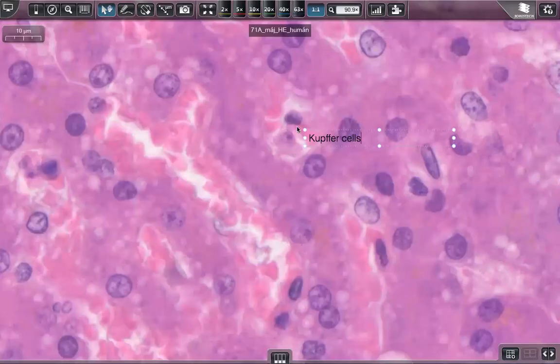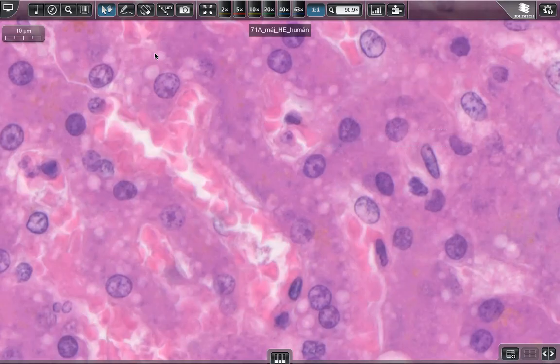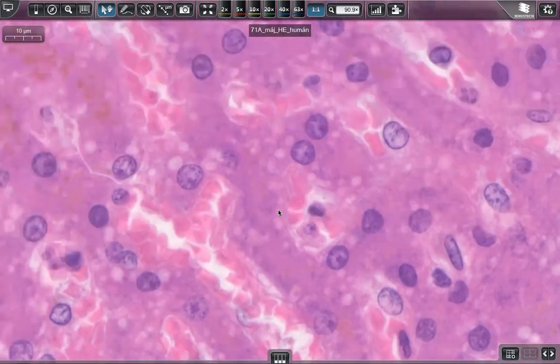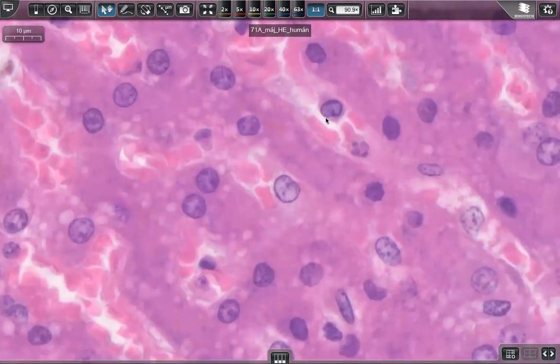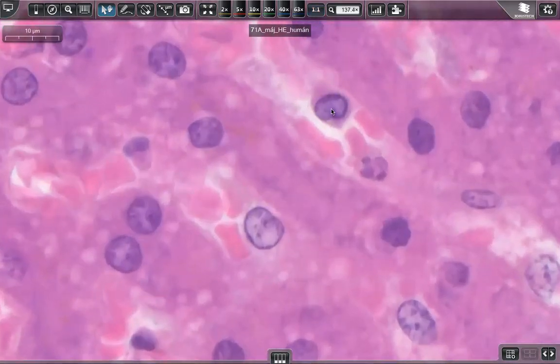So the cells in the sinuses called Kupffer cells, they eliminate the old and degenerated red blood cells. So just when we are moving there, there is another one. Now we can see the bean-shaped nucleus. So there is, okay? So that is a macrophage called Kupffer cell.